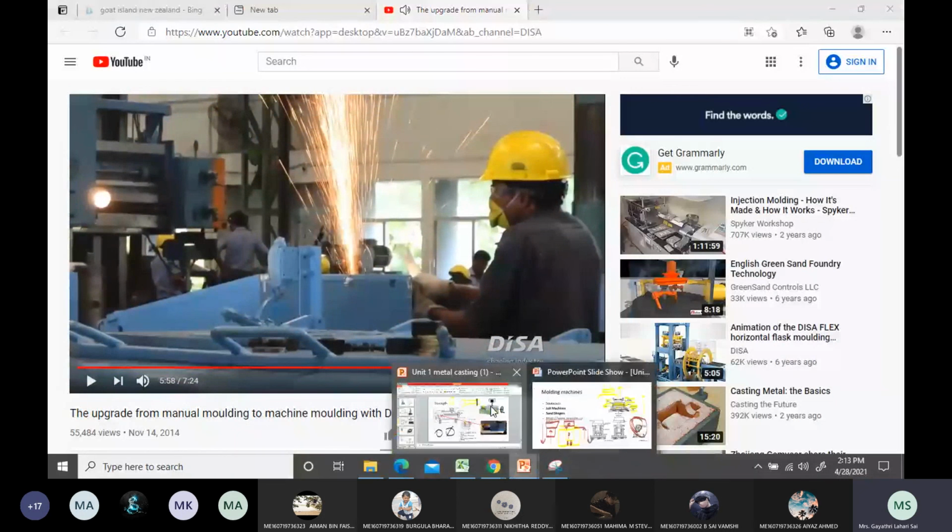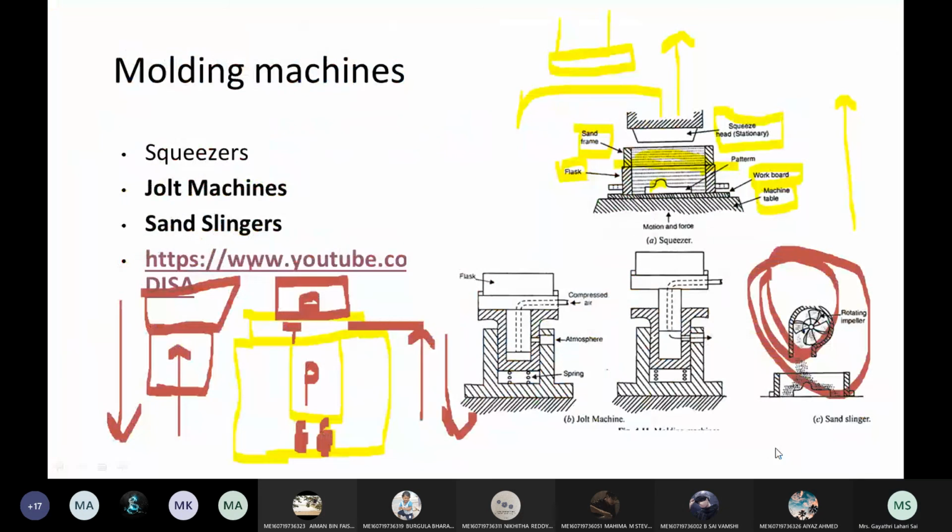So you understood? You understood or not? Yes, ma'am. One guy was asking about the pattern. That's why I said, based on the shaking allowance, distortion allowance, everything they will take into picture and they will design the pattern.